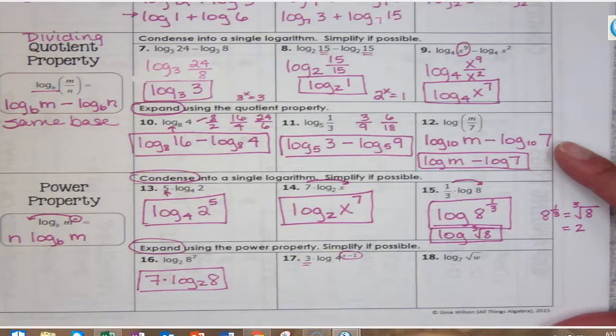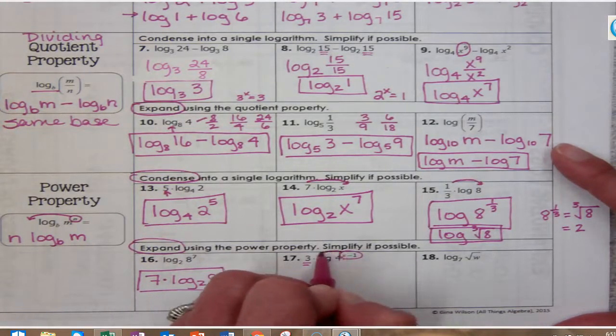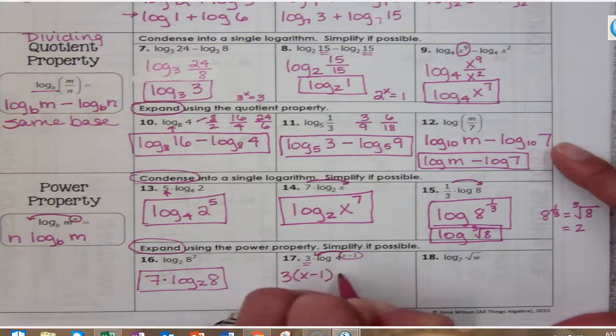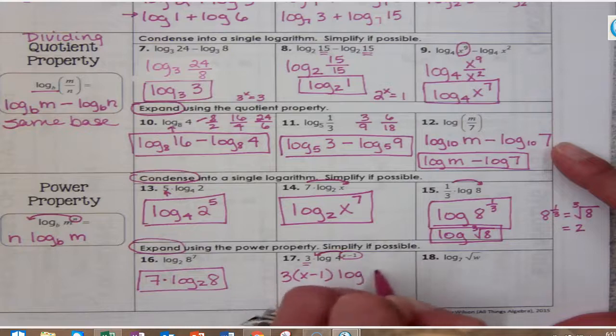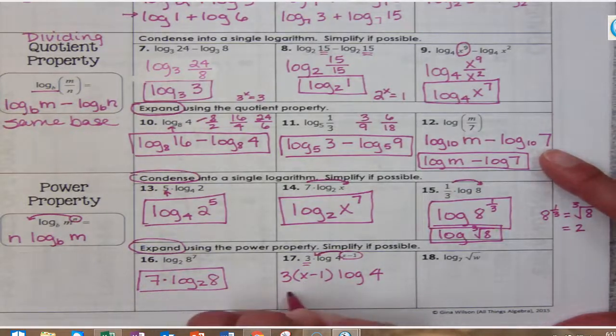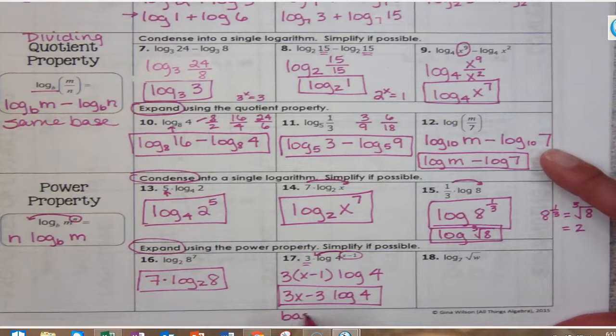So what do I do with all this business? Well, you basically just move this out here. So I get 3 times x minus 1 log of 4. And I can distribute that to 3x minus 3 log of 4. And your base, remember, would be 10.